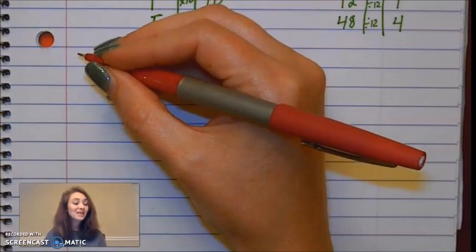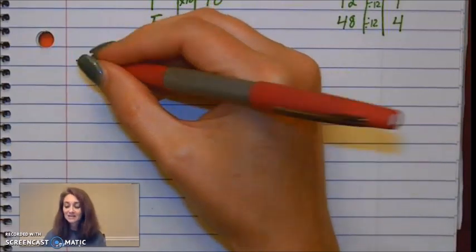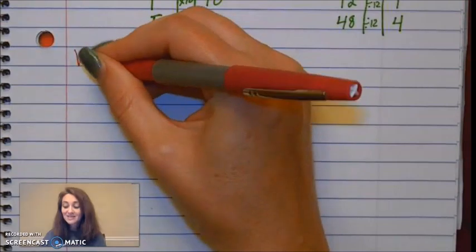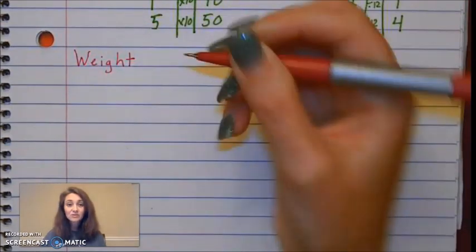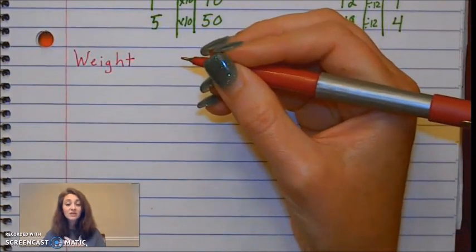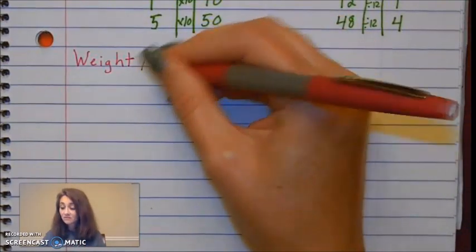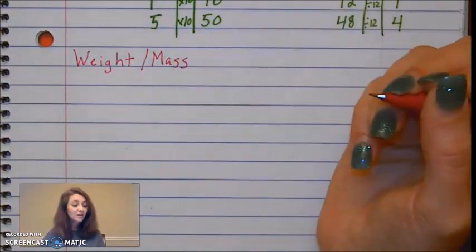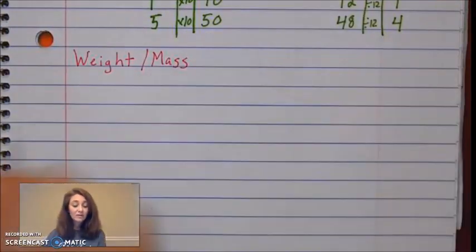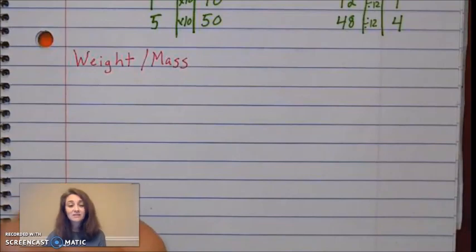We're switching into weight and mass. It's going to be the same steps. You're just going to use different numbers, different units. Okay, let's start with pounds and ounces.